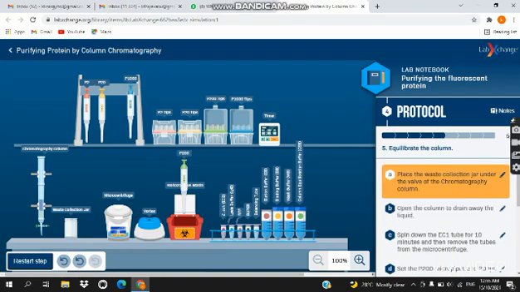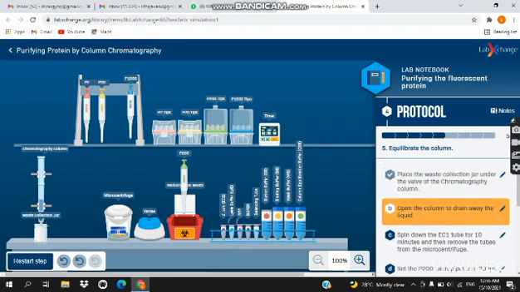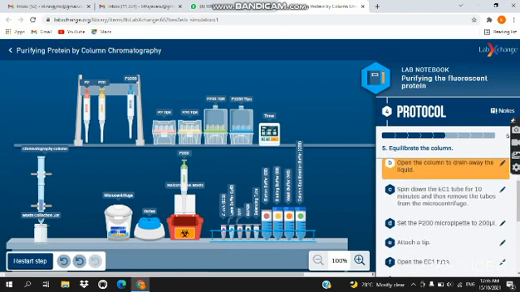Let's equilibrate the column. First, we place the waste collection under the wall of the chromatographic column. After that, open the column string to await the liquid.